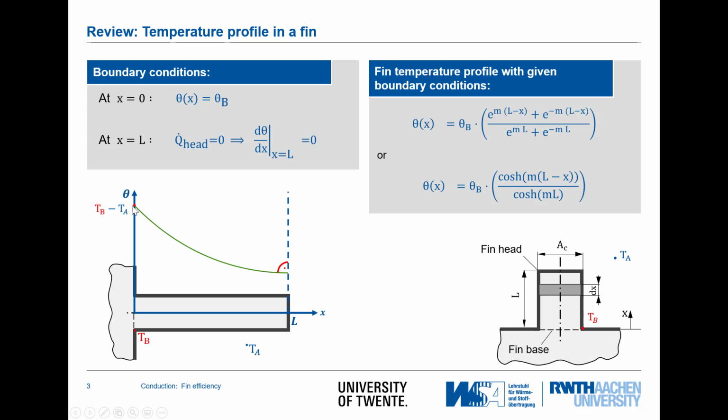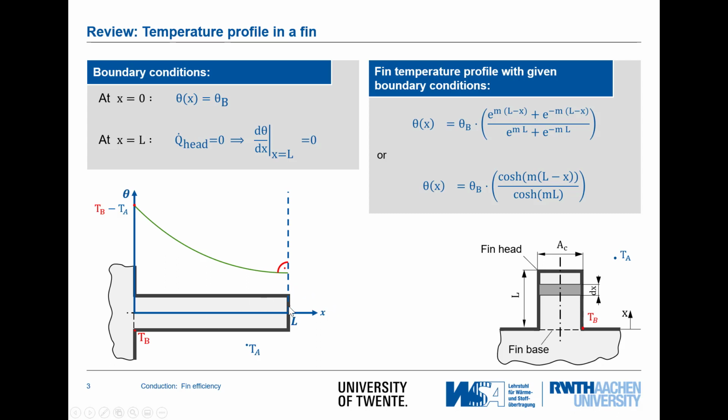If we want to draw the temperature profile, we have two known pieces of information. First, we know that the temperature will start here at T bottom, and on the other side we will have a zero gradient here at the location x equal to L. Now the question still remaining is, where is the temperature TA in this diagram? The answer is that it is of course below the temperature, because heat is always released from the fin towards the surface.